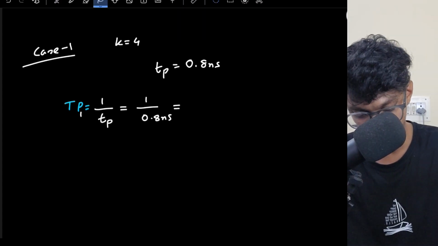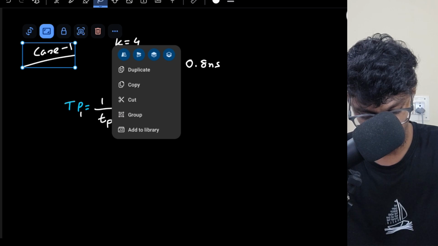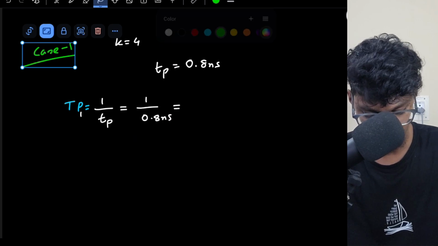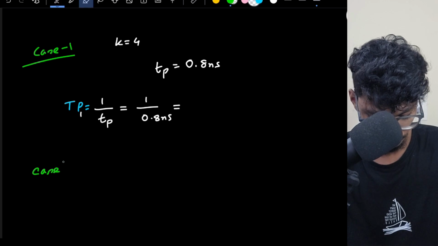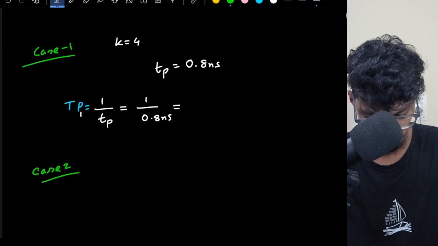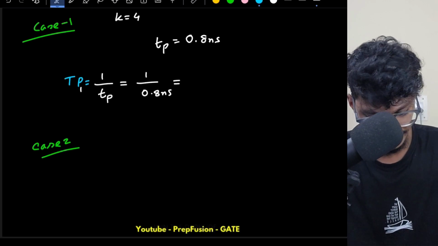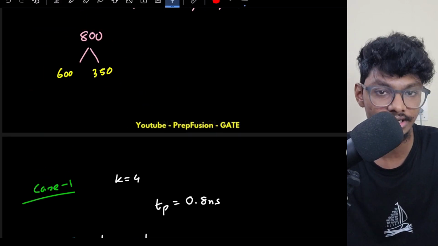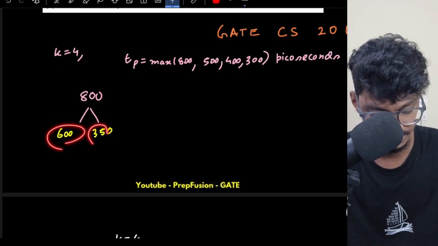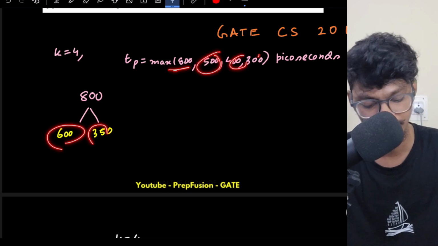In case 2, what is happening? I have further divided this into 2 stages. So overall how many stages do I have? This one has gone, and it is replaced by these, so in total I have 5 stages.